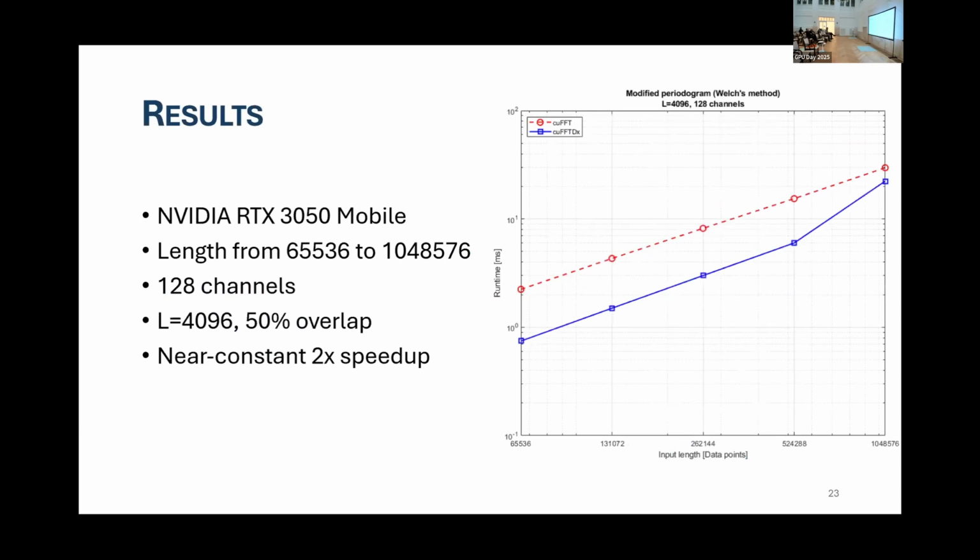So I measured with synthetic data. Our research group does EEG signal processing, so I took some of my old benchmark data for that, which is 128 channels of 2 kilohertz signal from around a minute to 16 minutes.